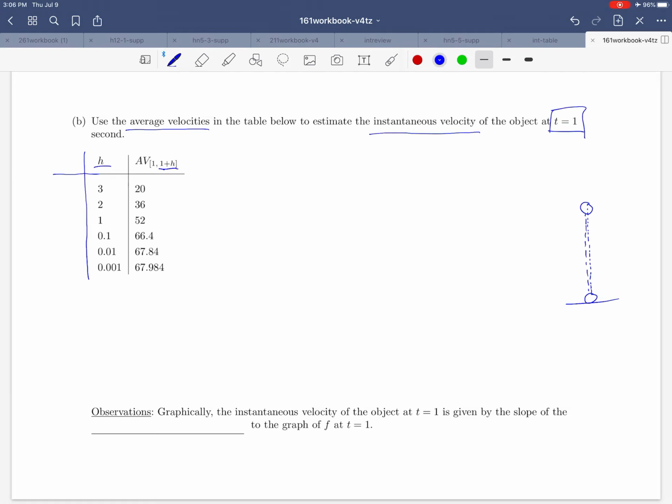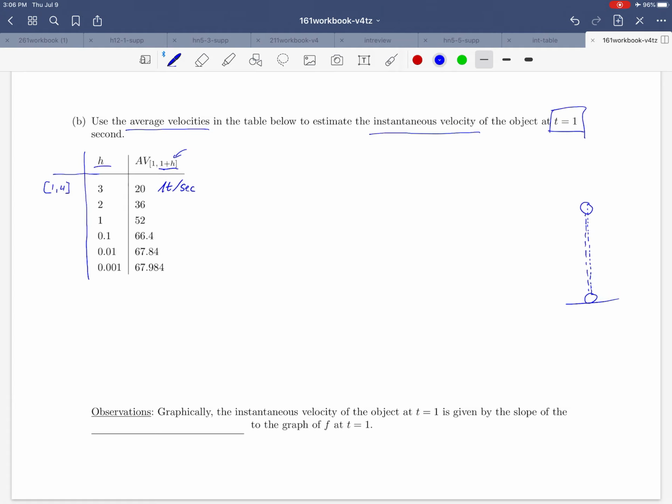So the value of h in the first column is the same as that h in our interval. If we are computing the average velocity starting at 1 and going to 1 plus h for h equals 3, that is really the time interval from 1 to 4. And we computed that the average velocity on the time interval from 1 to 4 was 20 feet per second. All these units are feet per second.